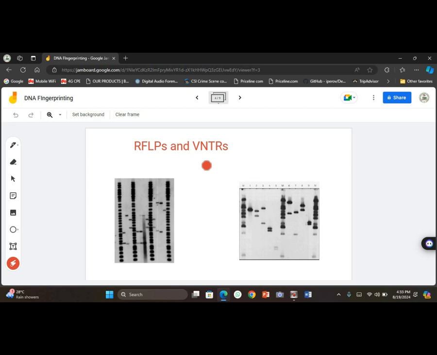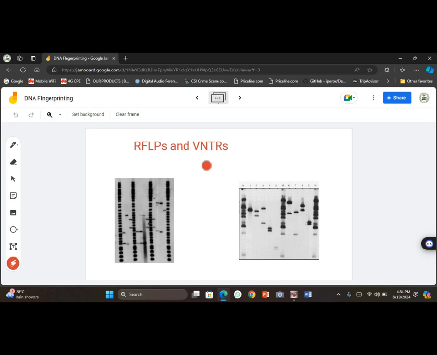The first step in creating an RFLP fingerprint is obtaining and isolating the DNA.